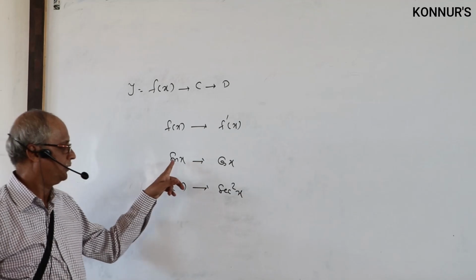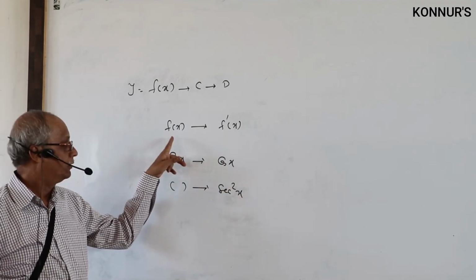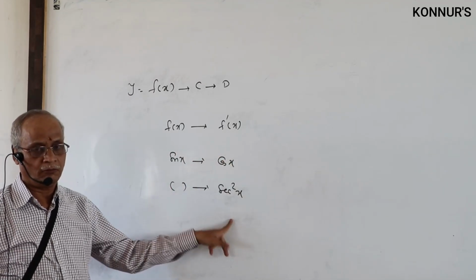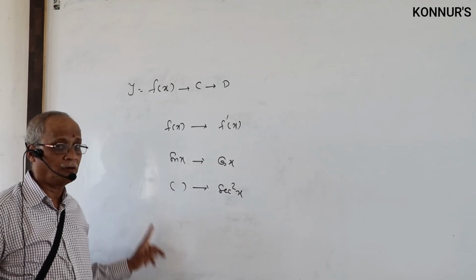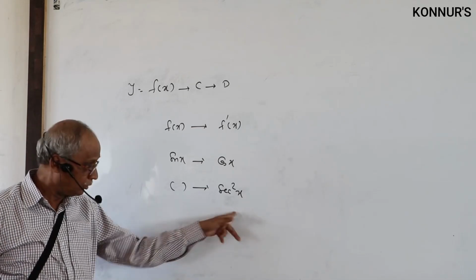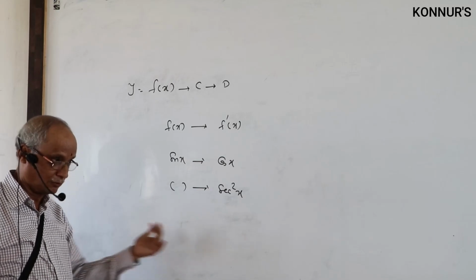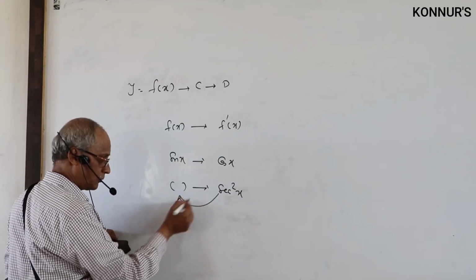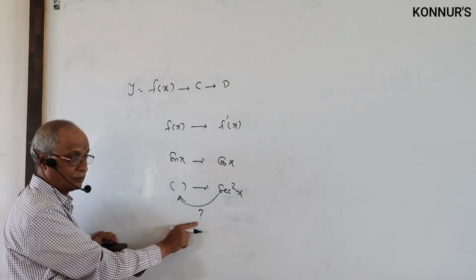So far we are giving a function to find the derivative. X square derivative 2x, log x derivative 1 by x, cos x derivative minus sin x. Given a function, you write the derivative as the answer. Now reverse it. You know the derivative. What is the function? We have to guess. So, the reverse process. A function whose derivative is known, if you are able to guess in reverse order, is called anti.